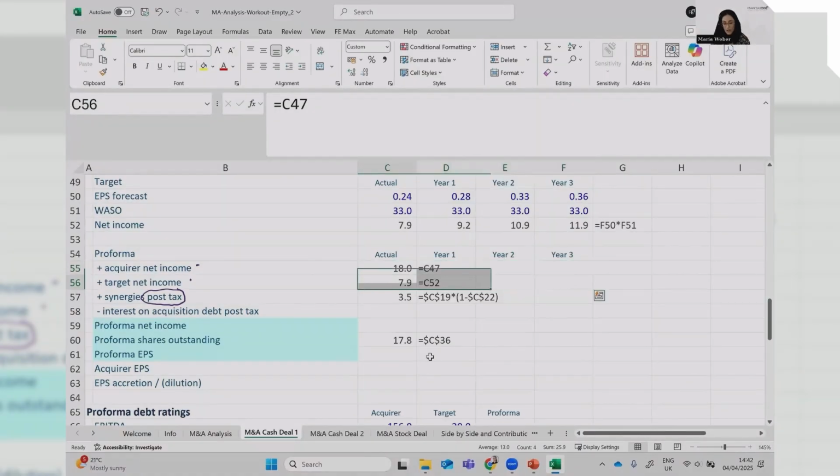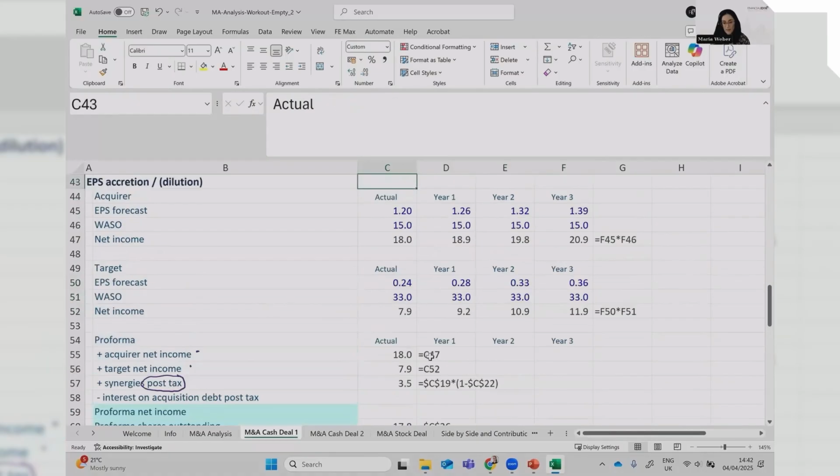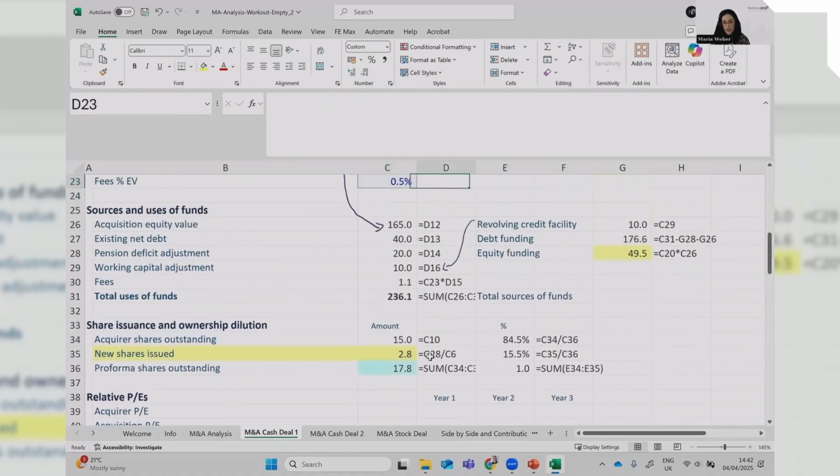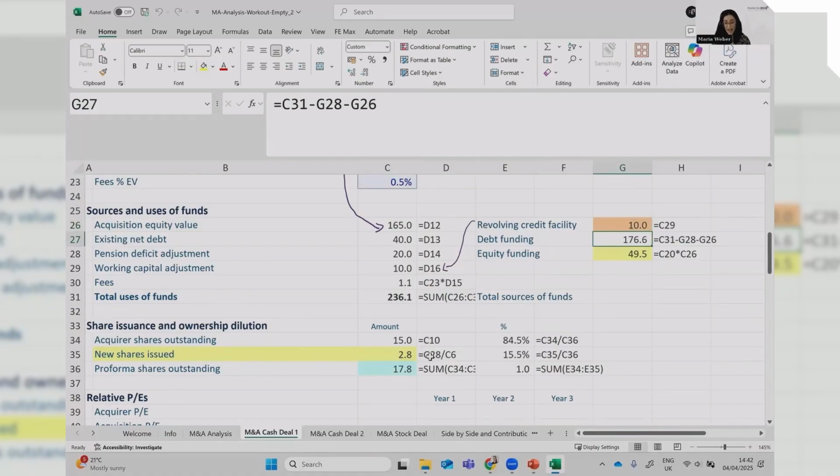So if I have a look at my financing bit, I've got to build in that I'm going to have an RCF of 10. I'm going to have a long-term bank loan, say, of 176.6. This is new debt coming in to JM Smucker, right? The acquirer.